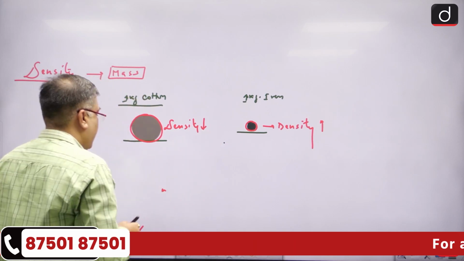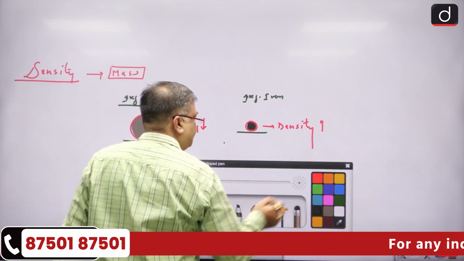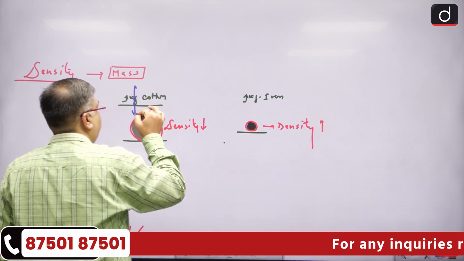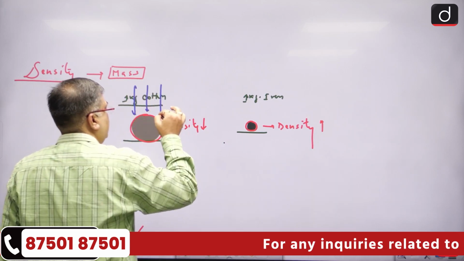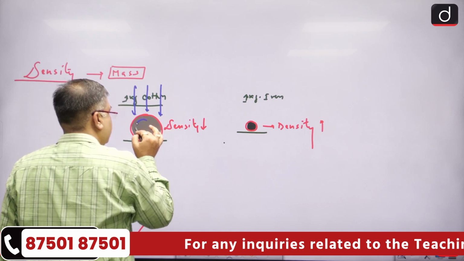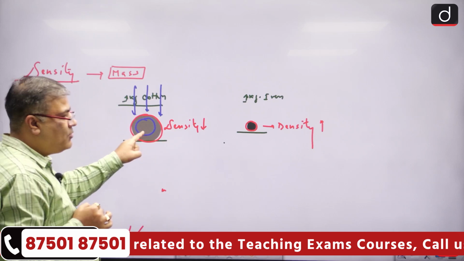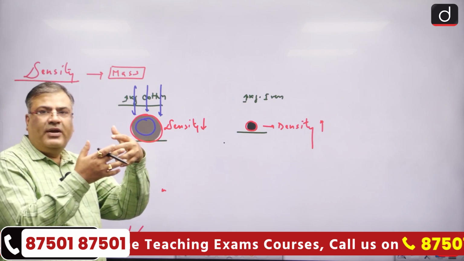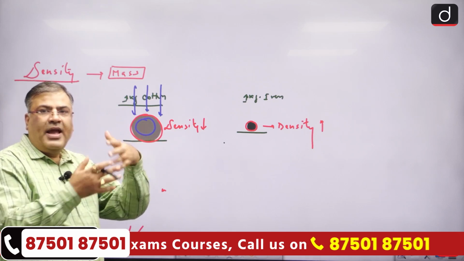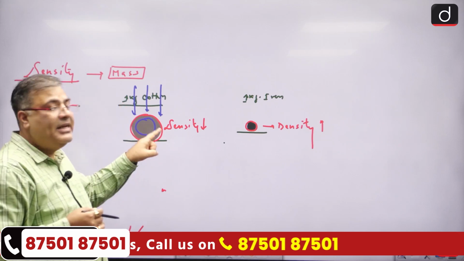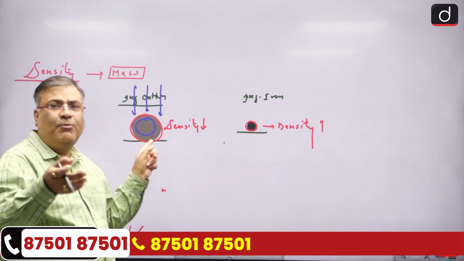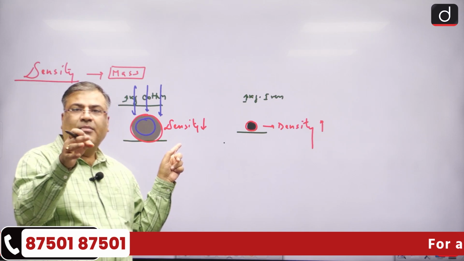Now we are saying that if we exert pressure upon the cotton, its volume will decrease. If the volume is decreasing, the molecules of the cotton will come close to each other, and it will become denser. True. This denser state will increase the melting point.